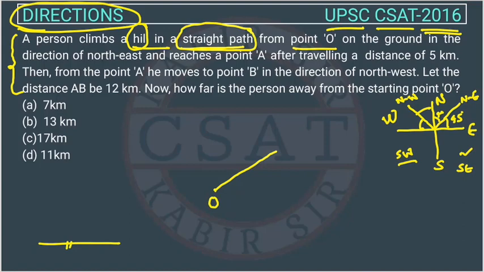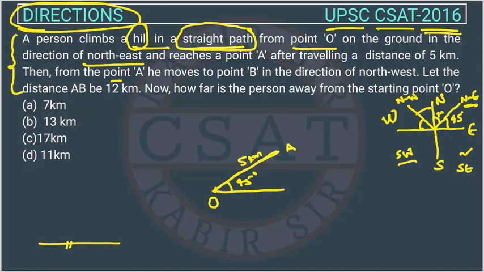Point O is on the ground, and he is moving in the northeast direction, so this is 45 degrees here, and he reaches a point A after traveling a distance of 5 kilometers. So the distance between O and A is 5 kilometers.